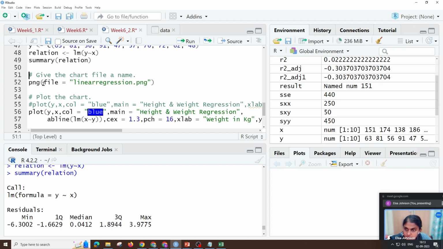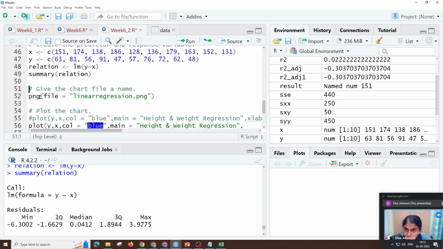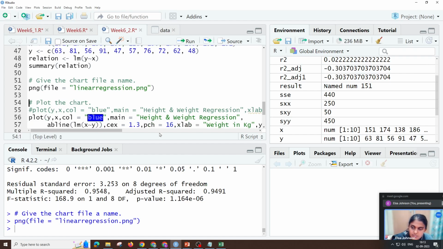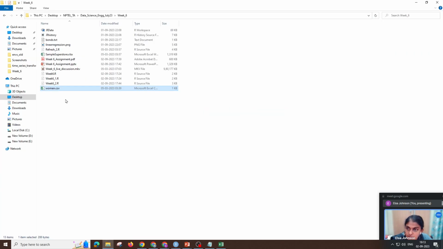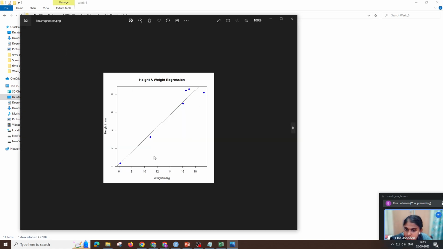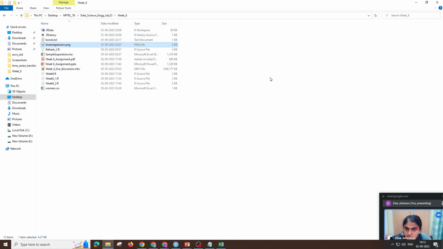Another thing: if you want to give the chart file a name after plotting, you can do that. If you go back to your current directory, you can see the plot which was already formed saved to that location.